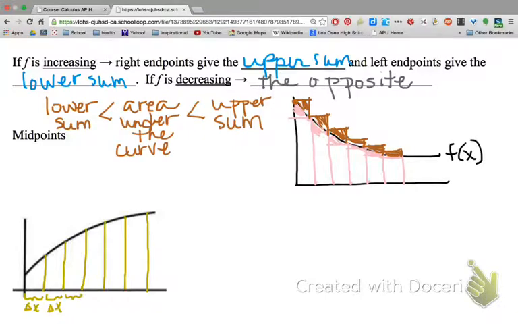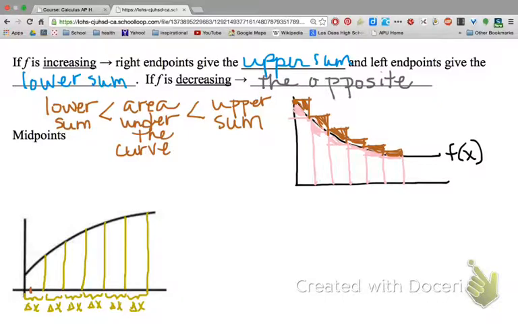So there's my delta x, so that they're all the same width. But now, here's the twist. I want to find the midpoint of each of those rectangles. So if that's their width, then the midpoint in that width would be somewhere here.